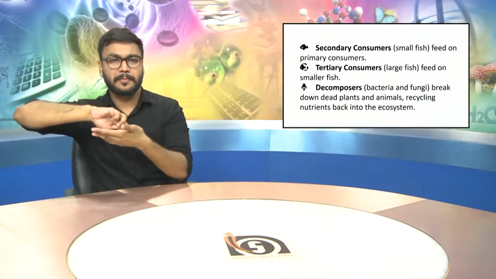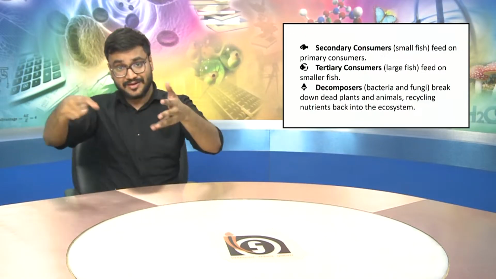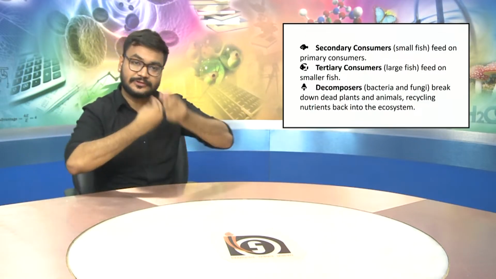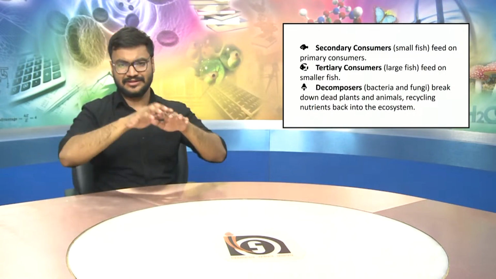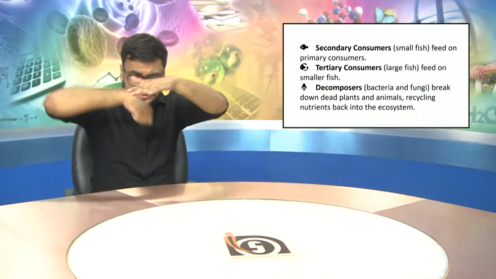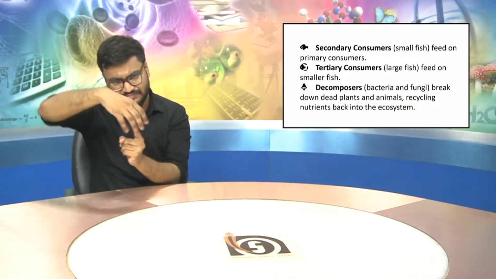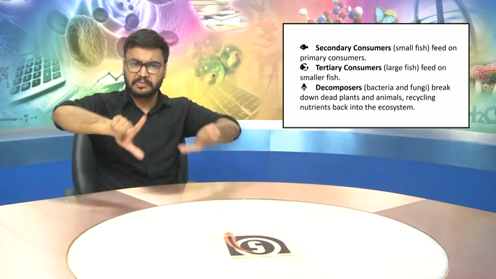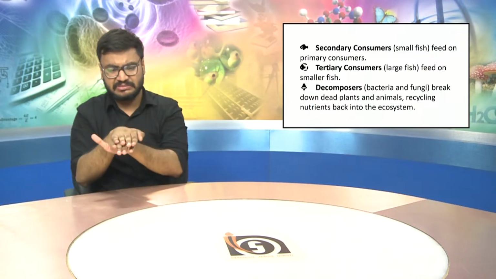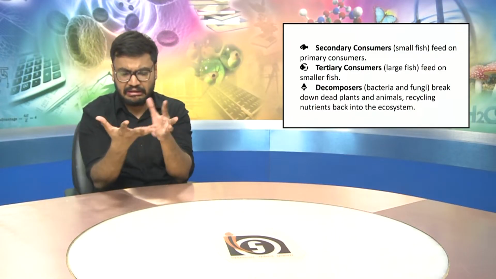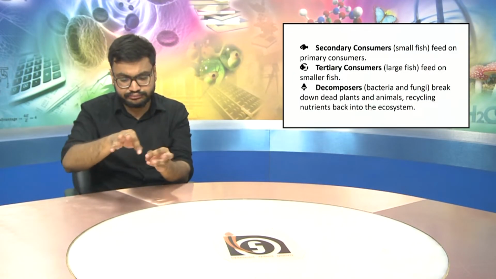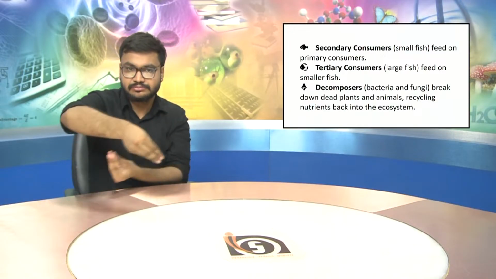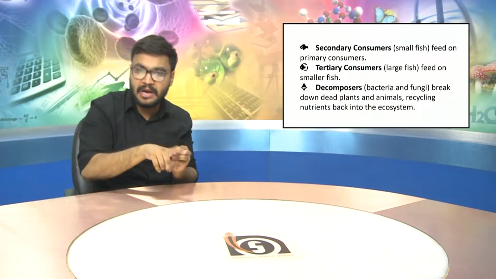And next come tertiary consumers. It includes large fish because they feed on smaller fishes. And after that, decomposers. It includes bacteria and fungi. They break down dead plants and animals, recycling nutrients back into the ecosystem.